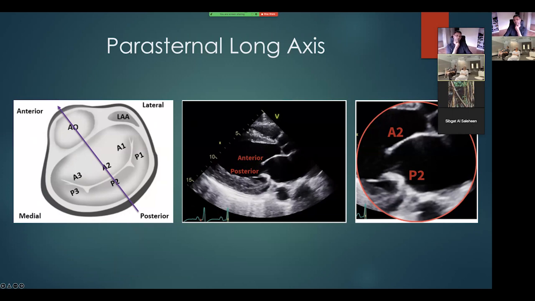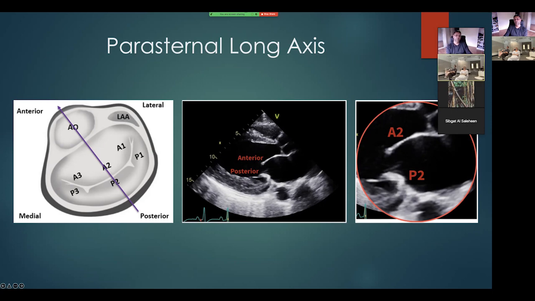On the top there's a right ventricle, and this is the aortic valve. So this leaflet, because it's closer to aortic valve or the right ventricle, has to be anterior. And the other one would be posterior. Because we know we are cutting down at 90 degrees through A2 and P2, this is A2 and the other one is P2.